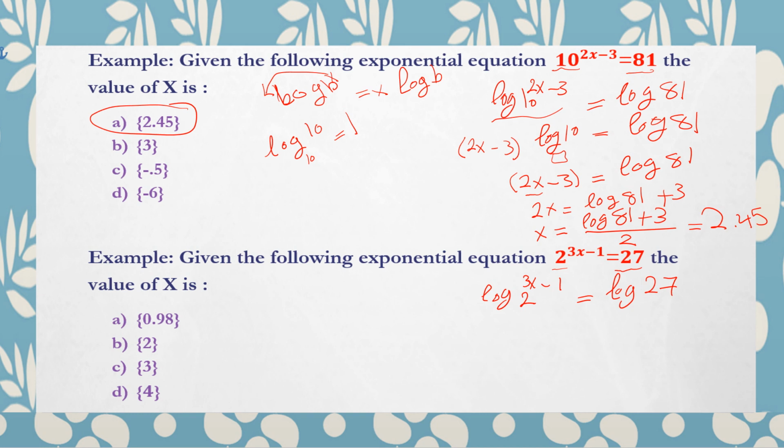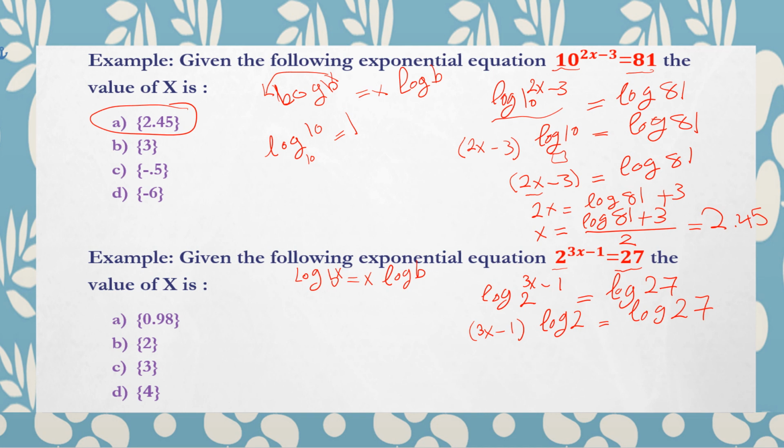And again, by recalling the property that says log b power x equals x times log b, we can solve this side using this property. So 3x minus 1 times log 2 equals log 27.